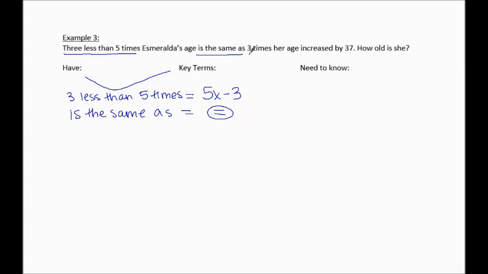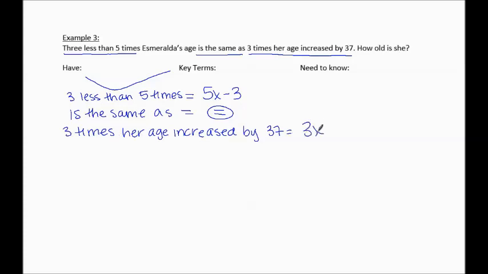And lastly, it says 3 times her age increased by 37. So 3 times her age increased by 37. 3 times is 3x. 3 times her age, 3x, increased by 37, plus 37. So I know I have 5x minus 3 equals 3x plus 37.